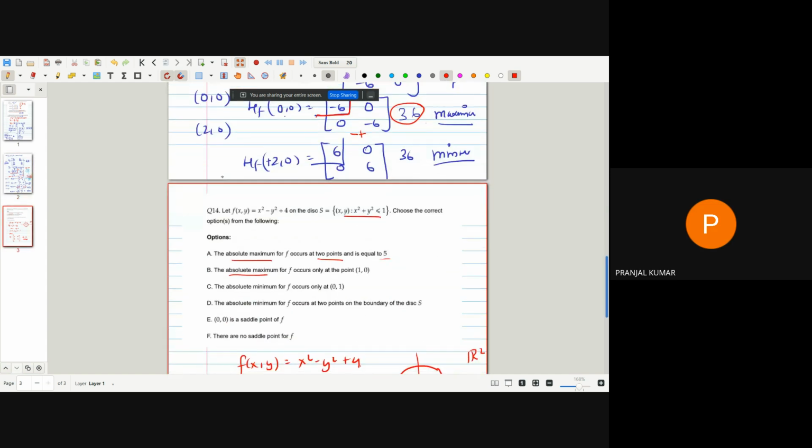Now, the absolute maximum of f occurs at 2 points. So now for absolute maximum, you know what you have to do. First of all, this is wrong. This is correct. Absolute maximum is defined in terms of the function value, what it takes.